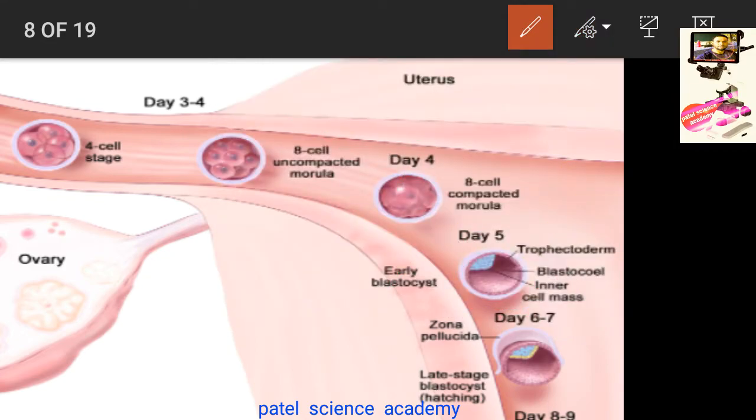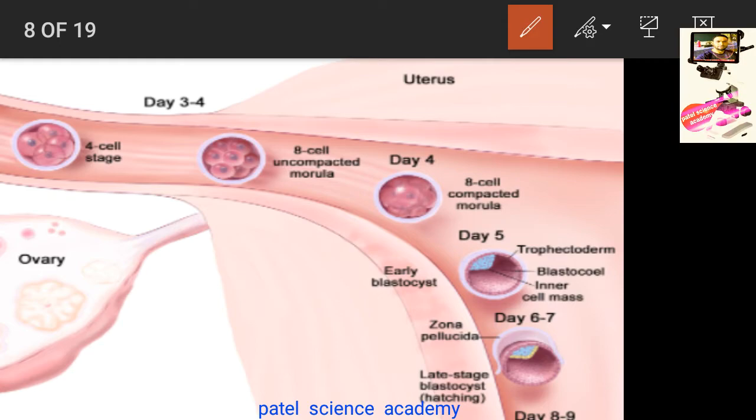Then at day number 6 and 7, the zona pellucida appears here, ruptures here, and then it goes for the next developmental stages.